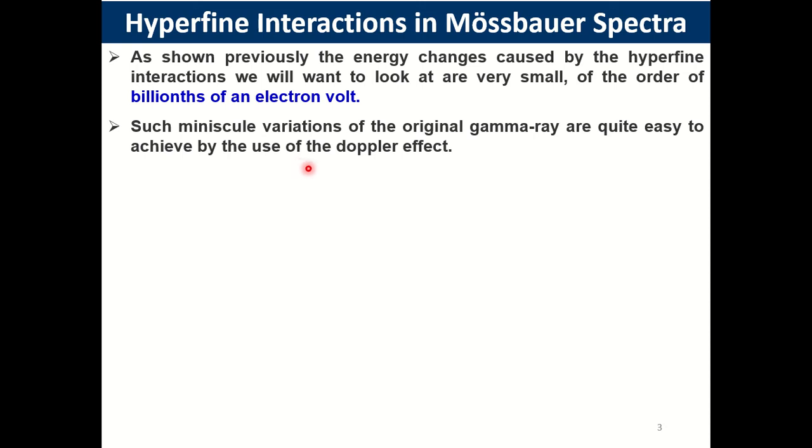But this small variation in the original gamma ray energy can be achieved by application of the Doppler effect. So what we do is that we move the source, the gamma ray emitting source, back and forth around a position, with a velocity in millimeters per second.